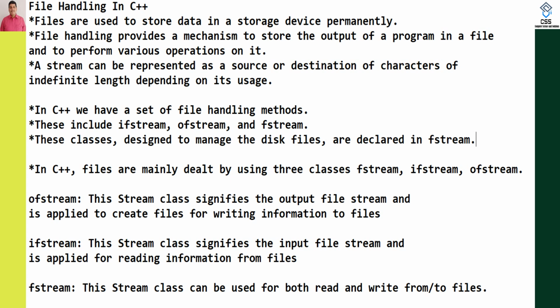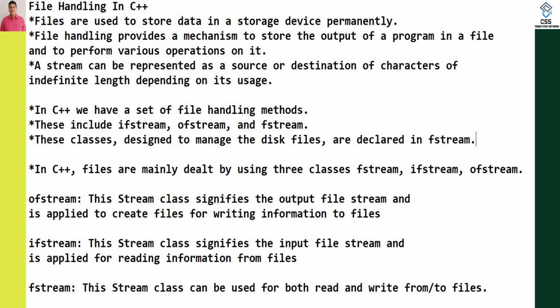We want the output to be stored in a file so that it will be stored in a permanent memory location. So whenever we need it, we can get the output without running the program by opening the file, or we can run the program and get the output as usual. How is it possible? That is possible with file handling.